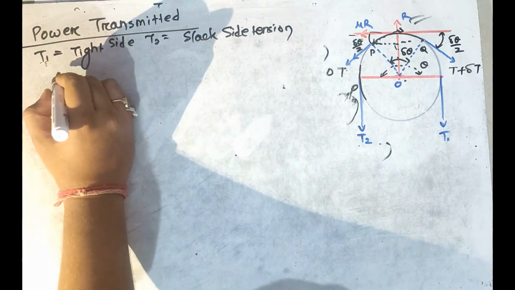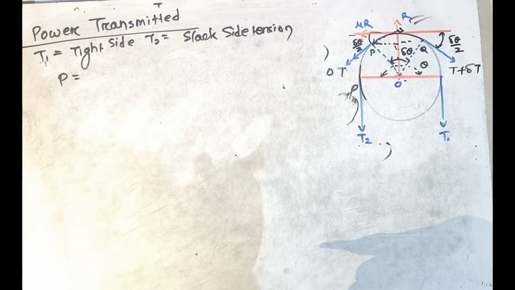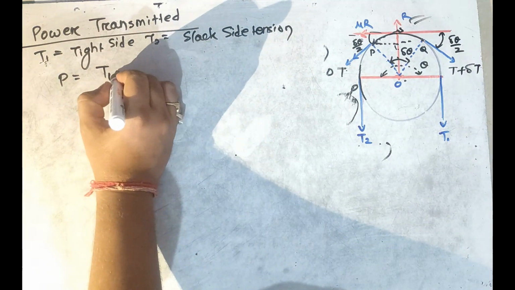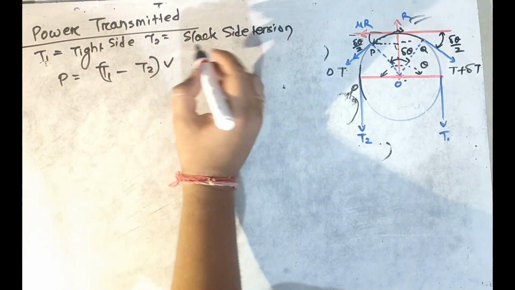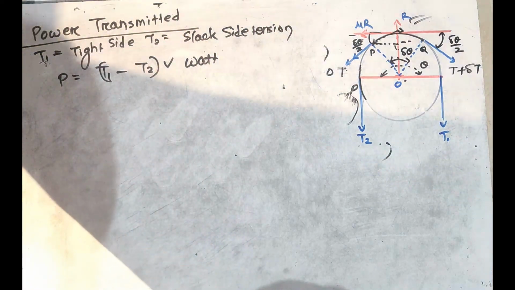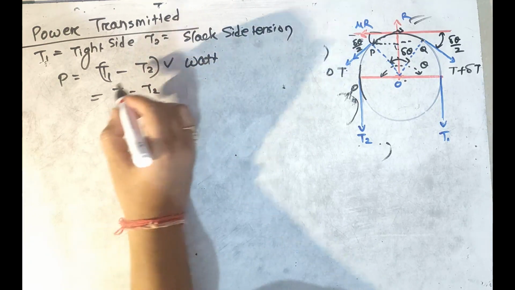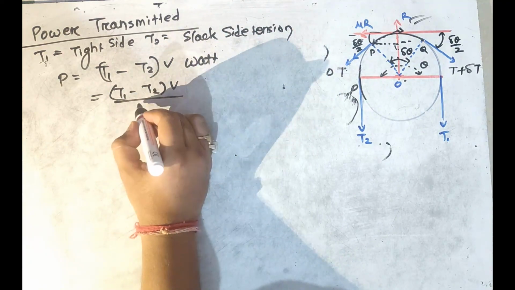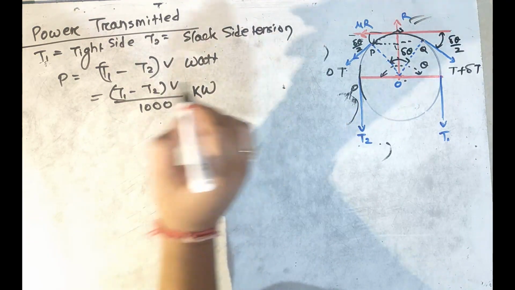So power P will obviously be (T1 minus T2), the net tension, multiplied by V, or (T1 minus T2) multiplied by V divided by 1000 kilowatt.